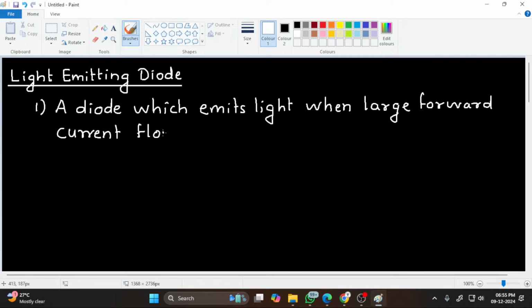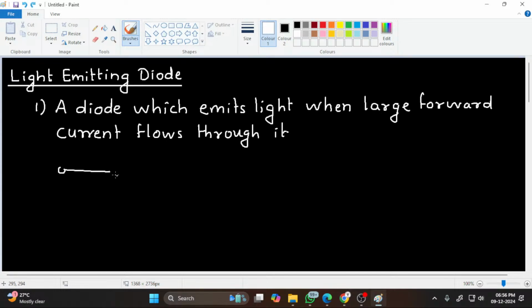That means when the diode is forward biased, it offers less resistance, and when resistance is less, the current is high, and at that time it starts emitting light.